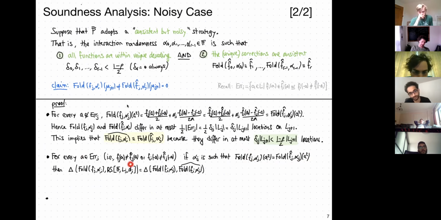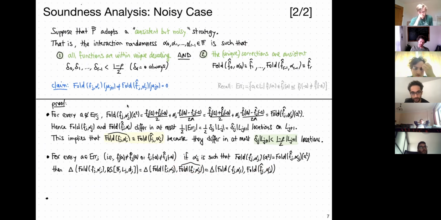Because the distance of the folded function from the code is exactly the distance of the folded function from its correction. Why? Because definitionally, we are in the unique decoding radius, so the distance from the code is the distance from the closest codeword. And we know that folding and correcting commute. So instead of fold and correct, we can correct and fold.